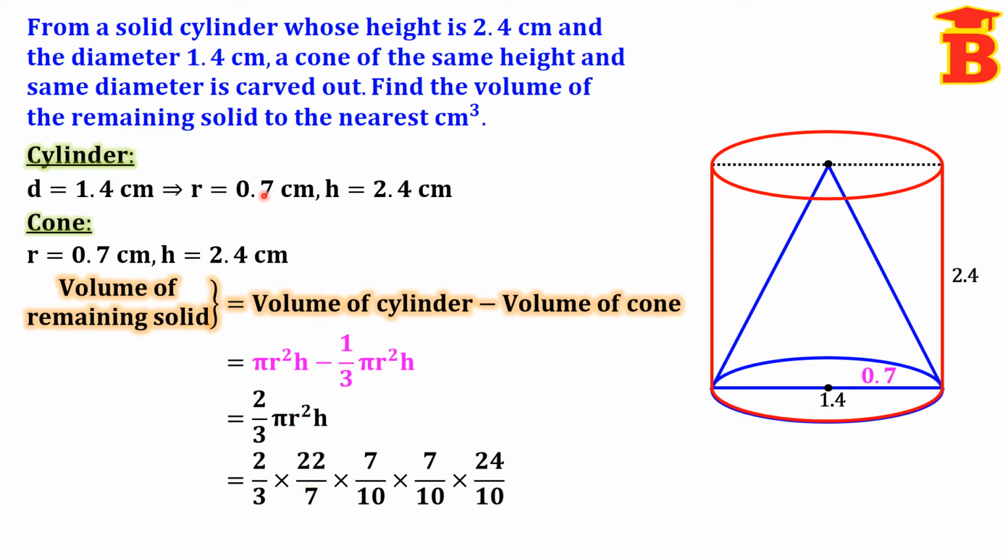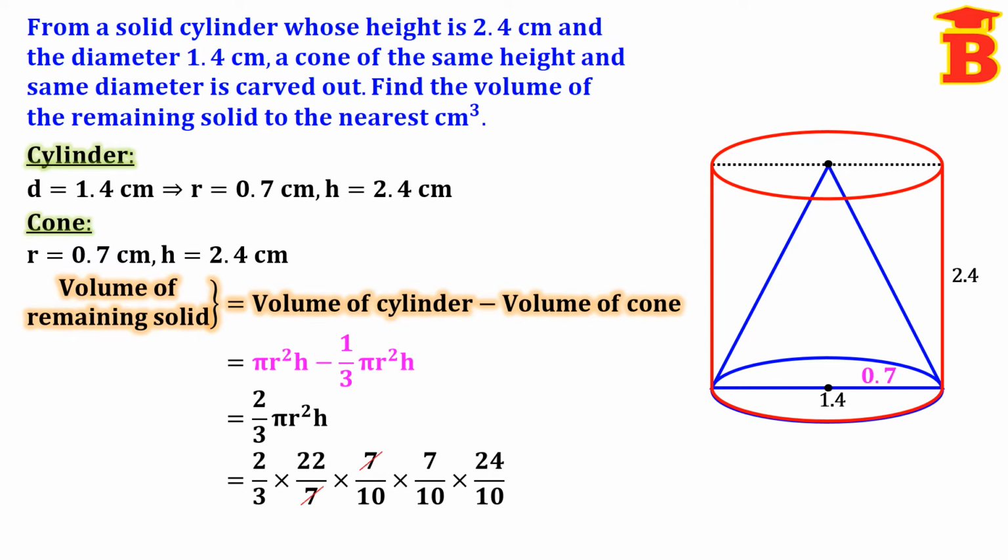R is 0.7. That can be taken as 7 by 10 into again 7 by 10. So r squared, we have to write the value of r 2 times into h 2.4. That can be taken as 24 by 10.